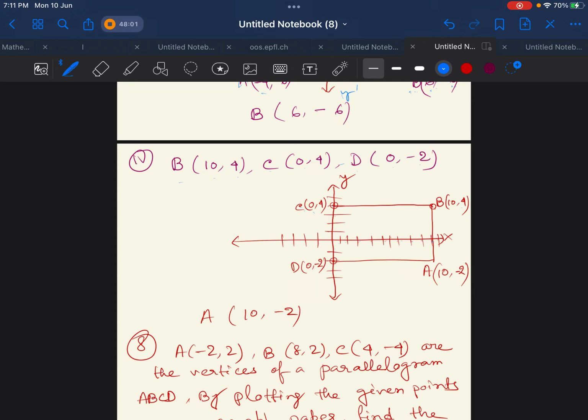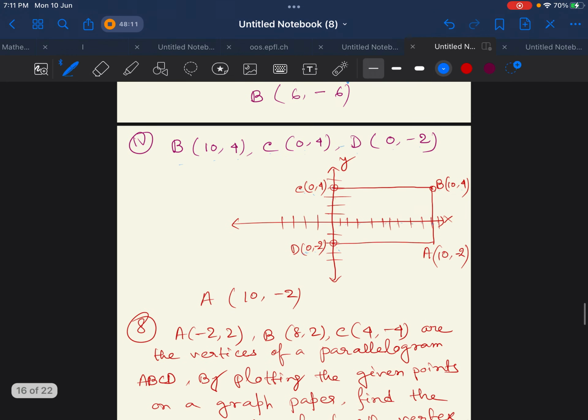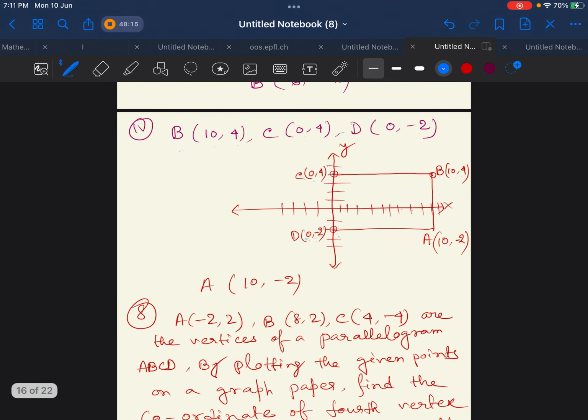D (0, -2). Here, 1, 2, D (0, -2). This point is located on the y-axis, the negative side of the y-axis. Okay, so this is (0, -2).